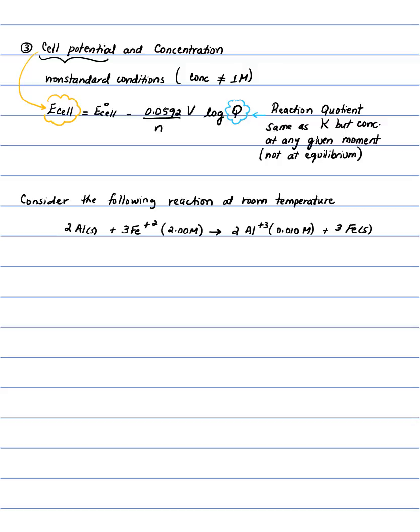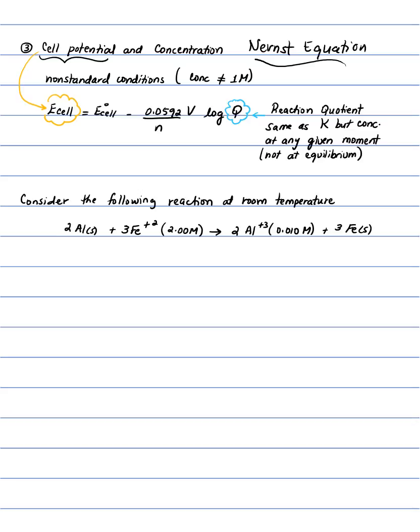So to calculate a cell potential when the concentrations are different from 1 molar, we use this equation here. It has a name. That's the Nernst equation. In your equation, you have the term for your standard cell potential there.